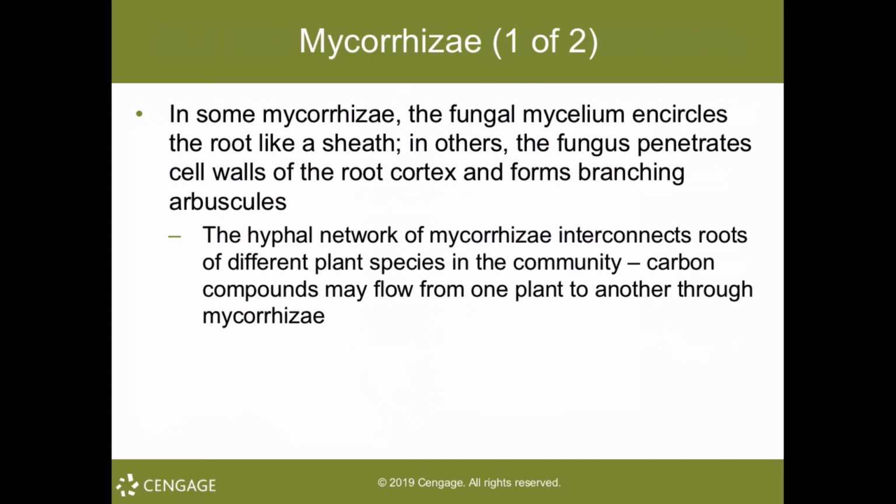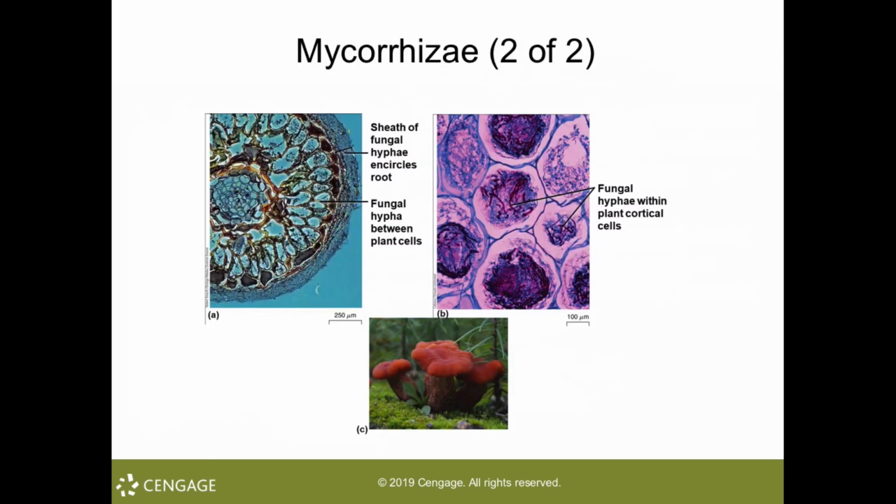The thread-like body of the fungal partner extends into the soil, extracting those minerals well beyond the reach of the plant's roots. In some mycorrhizae, the fungal mycelium encircles the root like a sheath. In others, the fungus penetrates the cell walls of the root cortex and forms branching arbuscules. Hence, they are known as the arbuscular fungi. As I say that, I just have to show you the arbuscules here. And you see the arbuscules there.